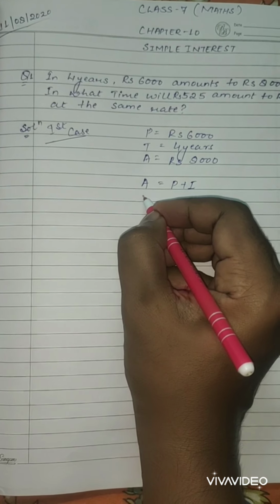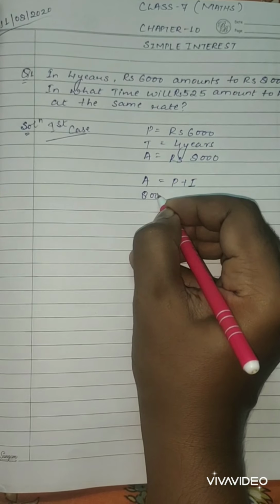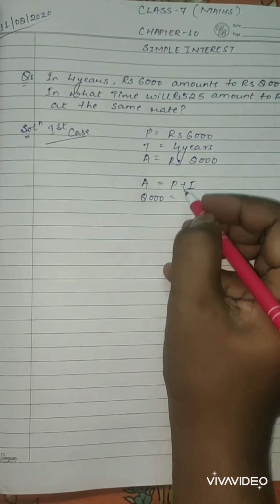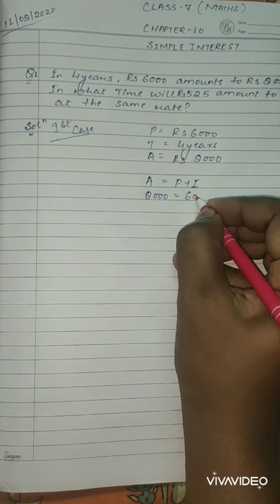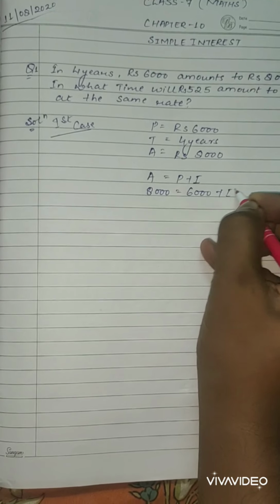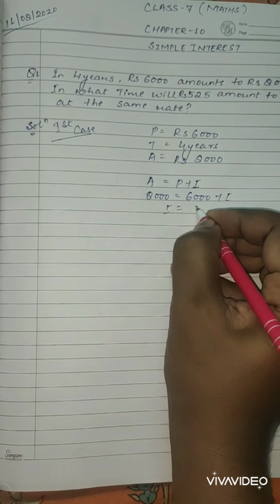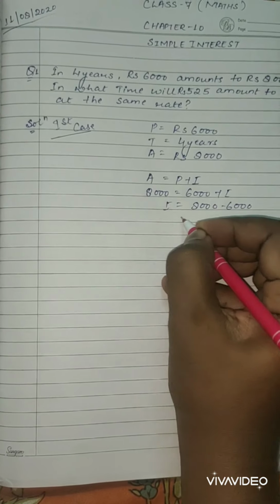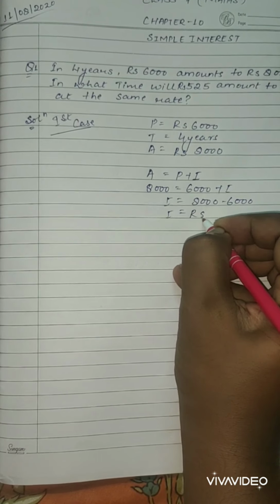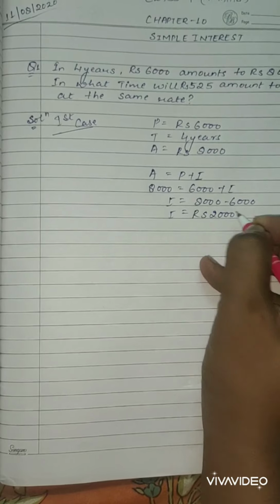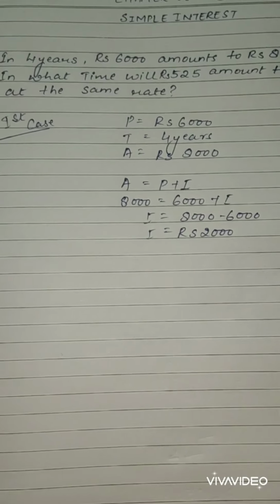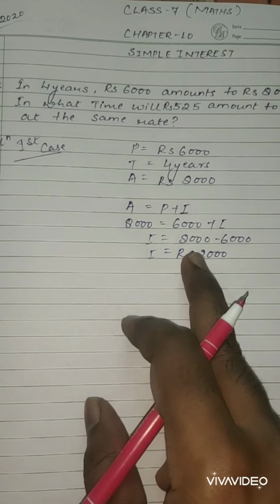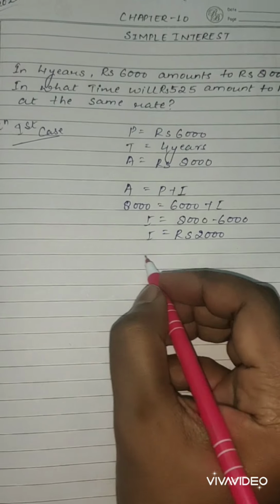The value of amount is rupees 8,000, the value of P is rupees 6,000, and I is not given. So I will be 8,000 minus 6,000, so this will be rupees 2,000. Clear?